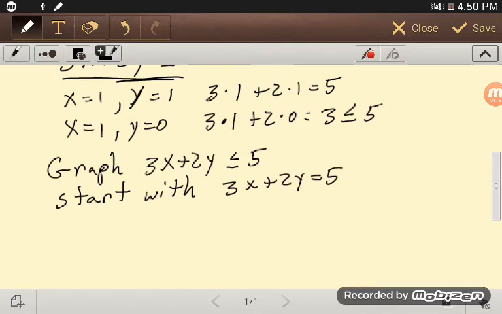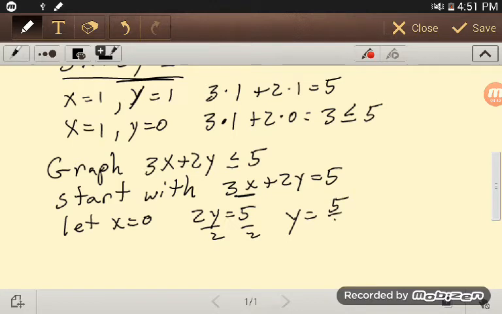In this form, the easiest way to come up with a graph is to come up with the two intercepts. Notice if I let x equal 0, then I have just 2y equals 5, because x equals 0, that disappeared. I can divide both sides by 2, and I get that y equals 5 halves, or 2.5.